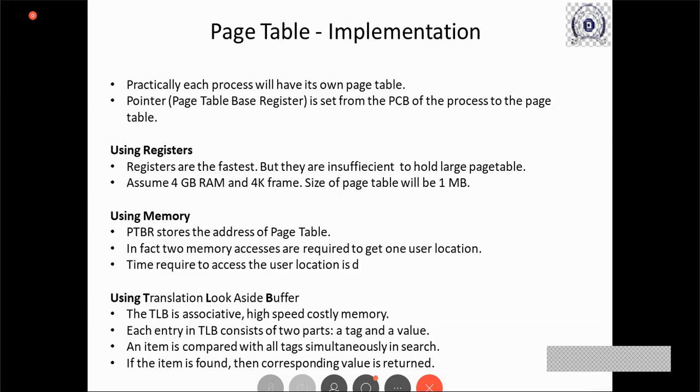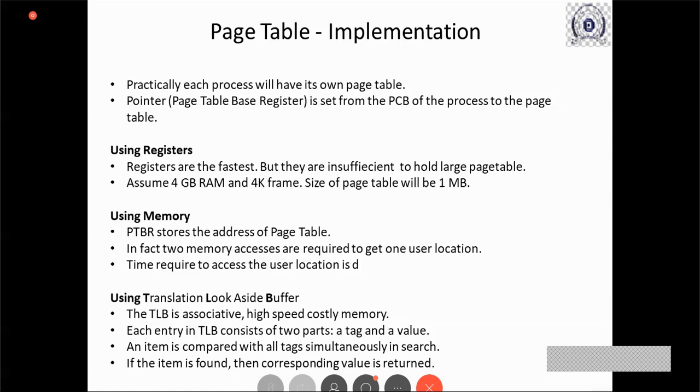So before accessing every instruction, we should conduct a search in the page table to get the frame number. So the speed of response from the page table plays an important role in deciding the speed of accessing an instruction, which subsequently leads to the execution time of a program.